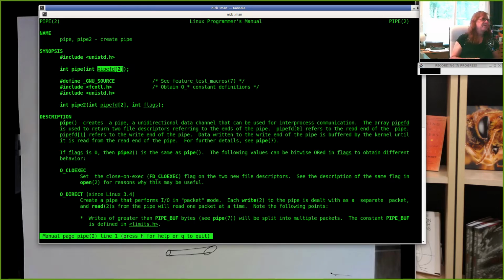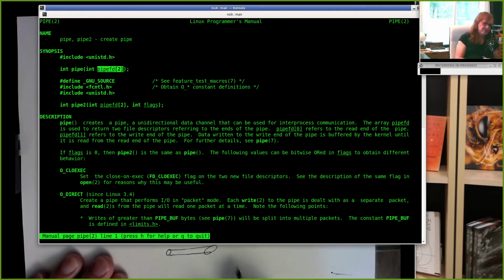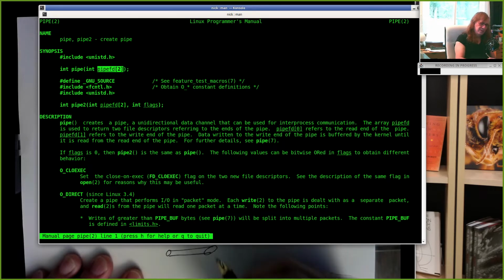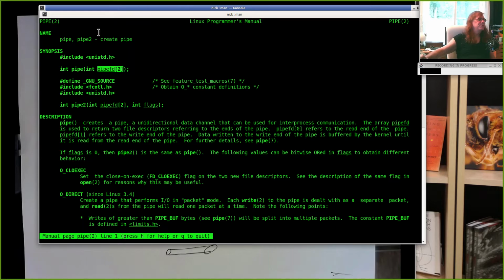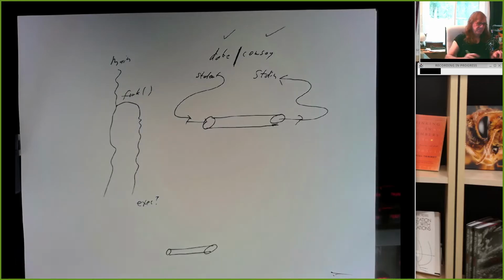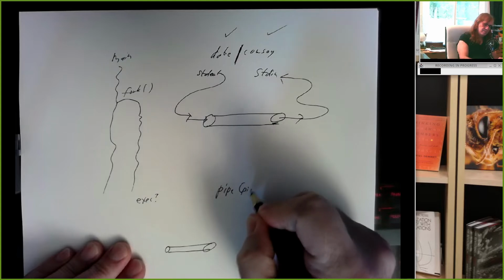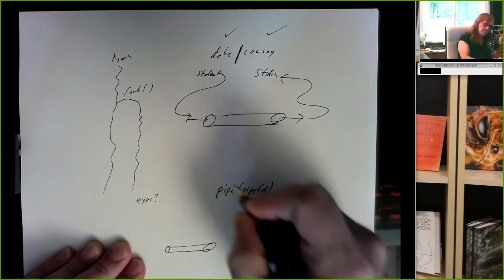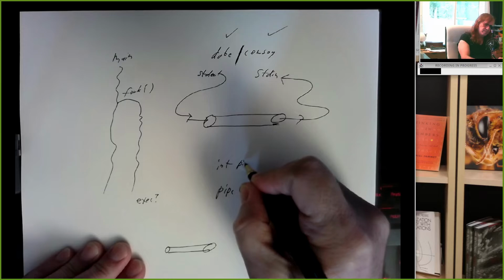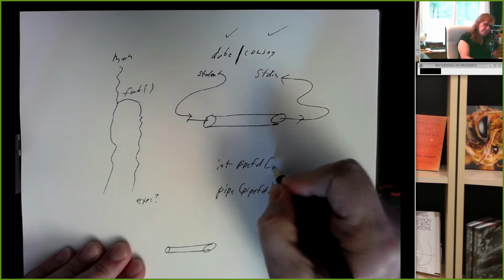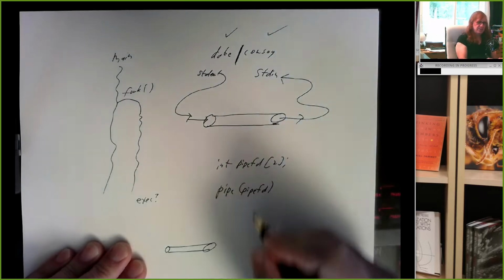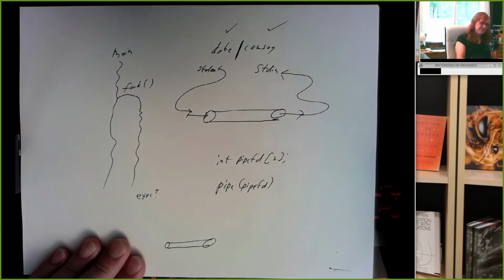So when I make this call to pipe, a conduit is created, and a pair of file descriptors are assigned. If we set something up like this, and we call pipe with an argument of pipe FD, here's what happens.